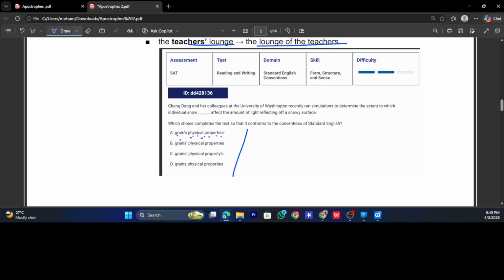Here we need a plural possessive noun and a plural noun properties, but here there is a singular possessive noun and a plural possessive noun. So it is wrong.